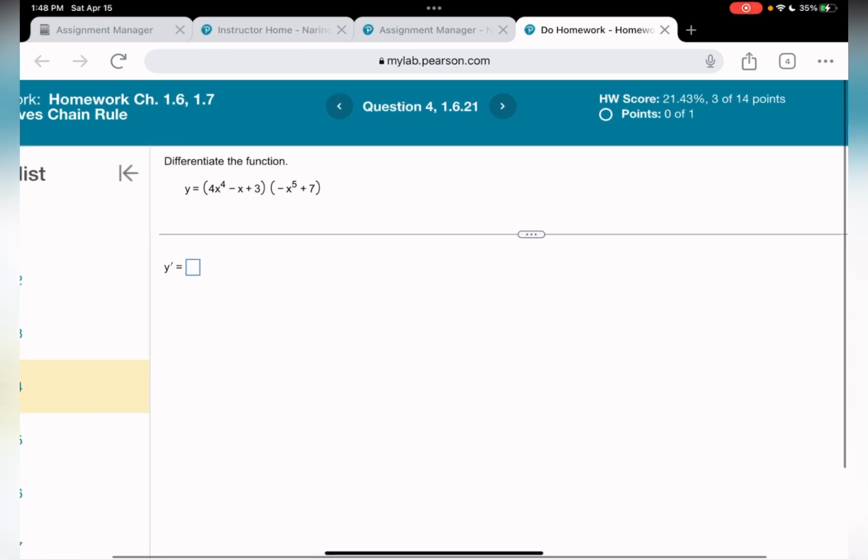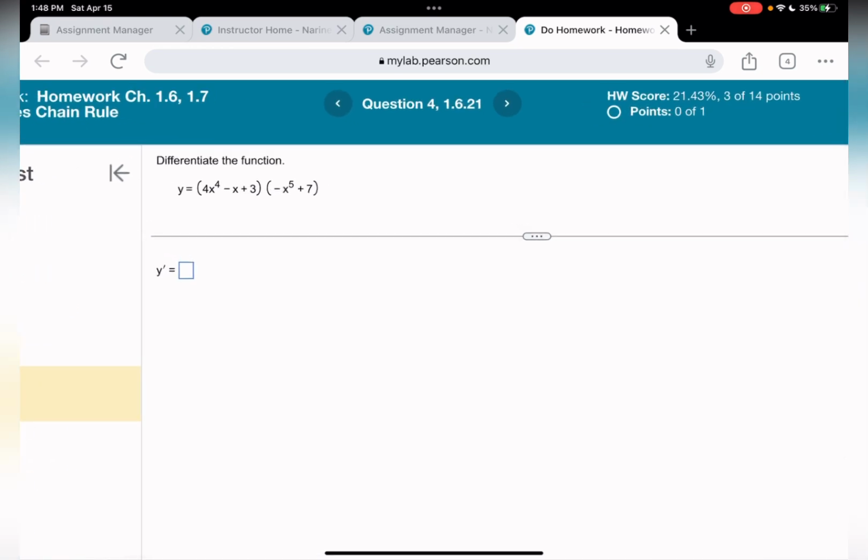We need to differentiate the function. All right, let me take a picture. It's a kind of long one. Let's do it. Thank God, we are not going to write down step by step again.